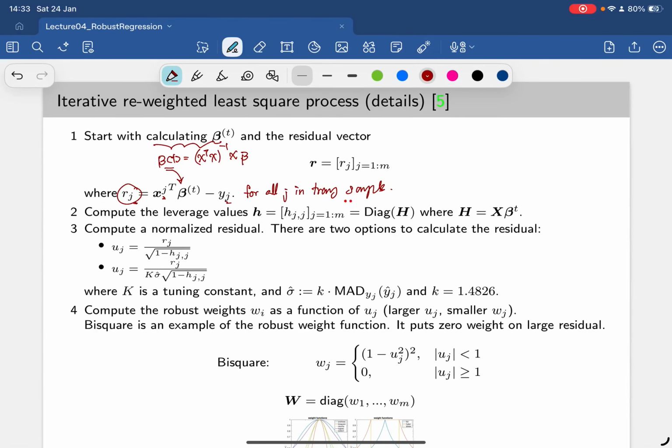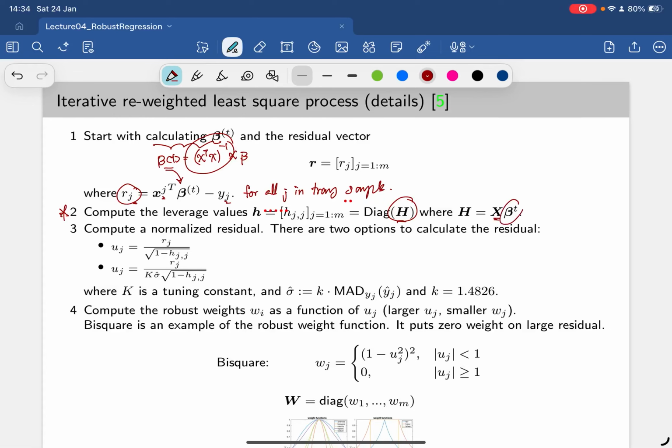Then, in the second step, you start to find which J are having problems. So you have X here, you can compute the hat matrix, right? You can use X multiplied with beta, because this beta came from X transpose X inverse.